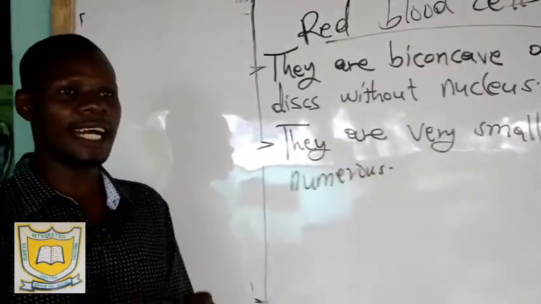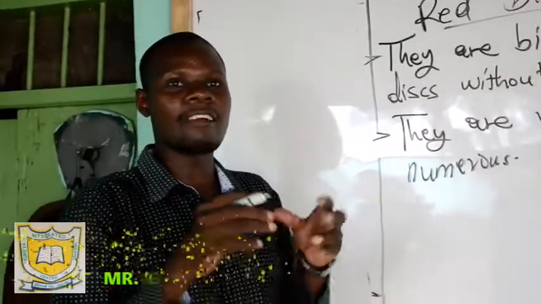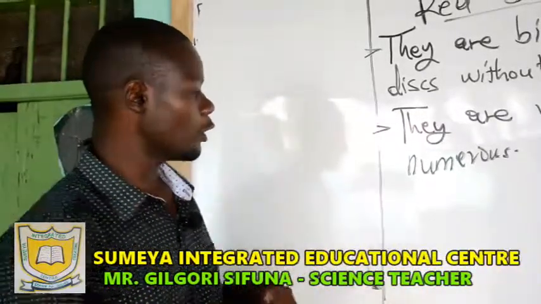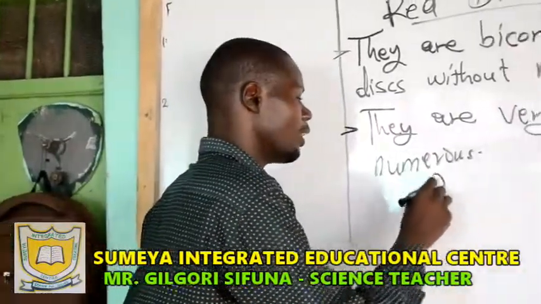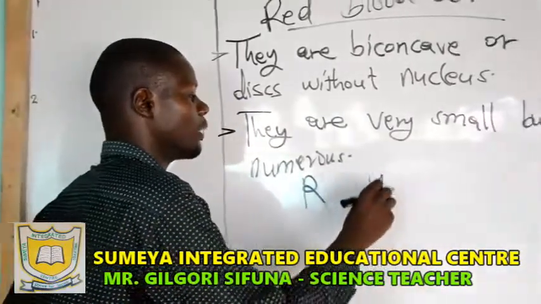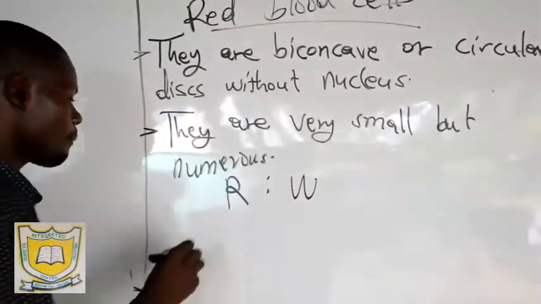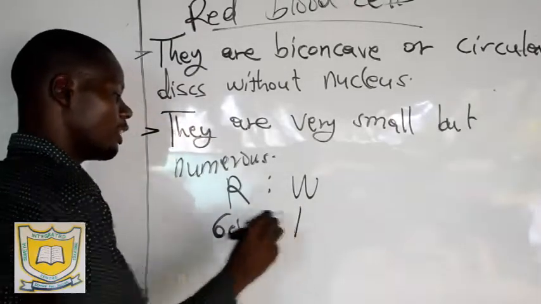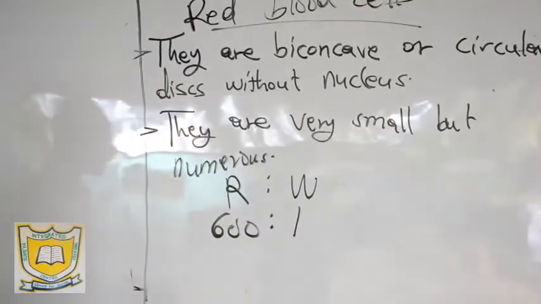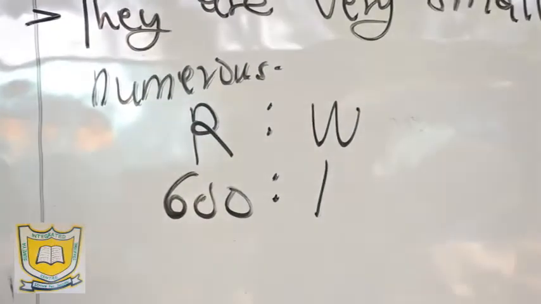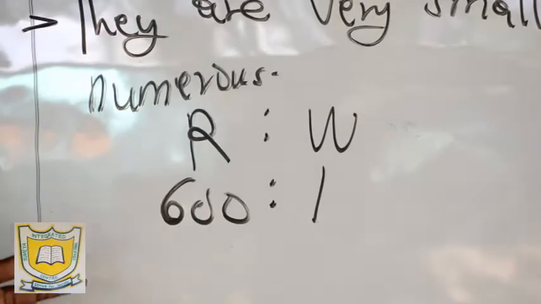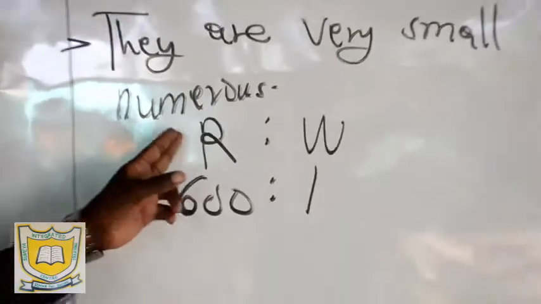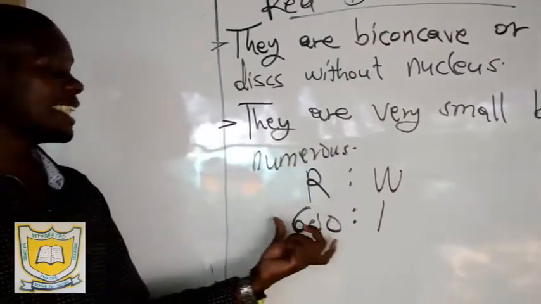red blood cells are small in size, but they are very many in number. So red blood cell in ratio to white blood cell, where we have 600 red blood cells, we only have there 1 white blood cell. In ratio, you find that the ratio of red blood cell to white blood cell is 600 to 1.